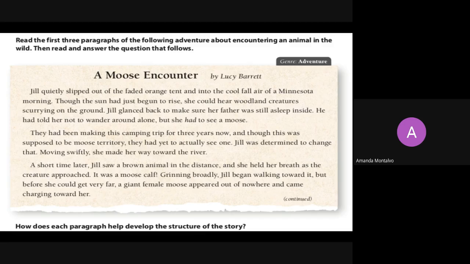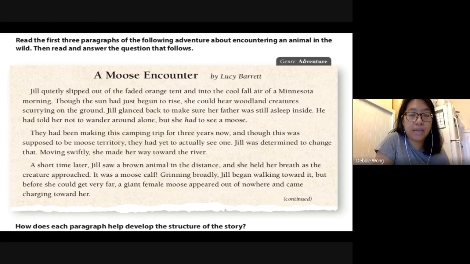Though the sun had just begun to rise, she could hear woodland creatures scurrying on the ground. Jill glanced back to make sure her father was still asleep inside. He had told her not to wander around alone, and she had to see a moose.